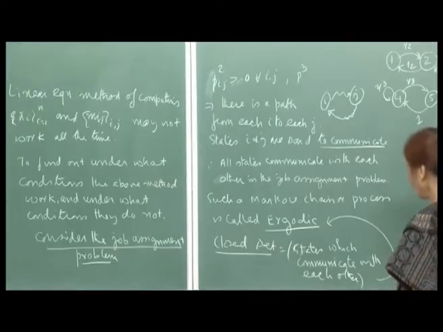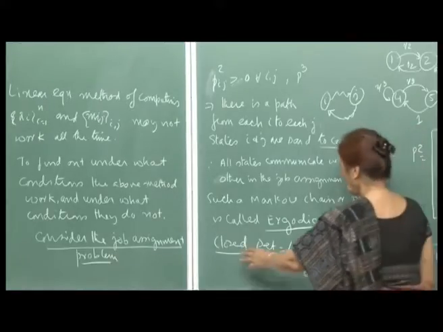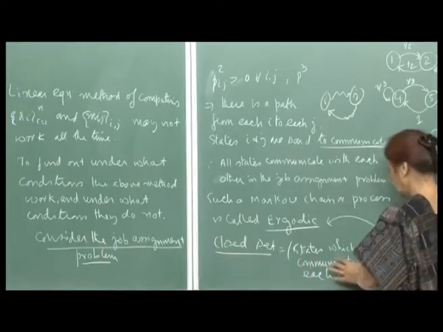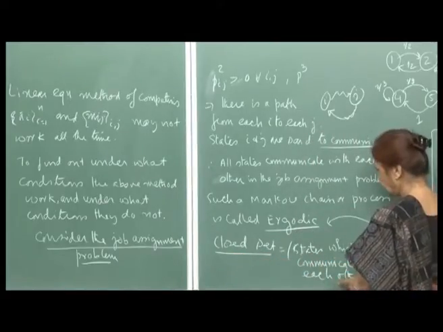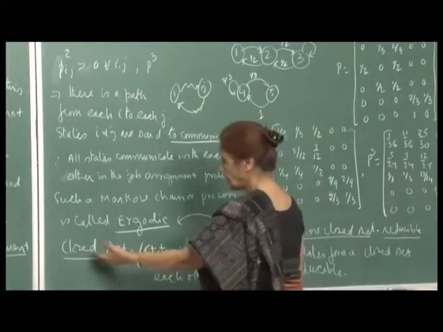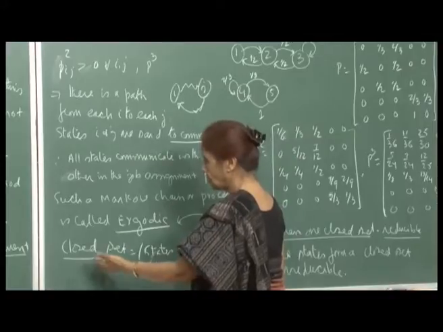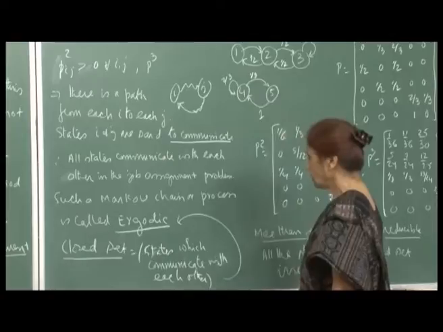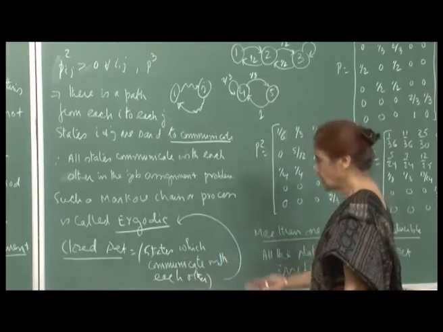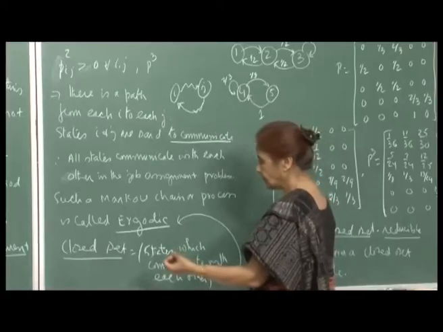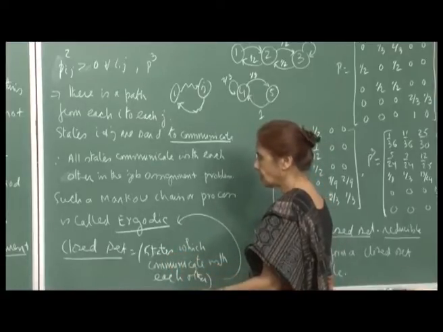But first, we define a closed set as a set of states which communicate with each other. For the job assignment problem, the closed set consists of all the states 1, 2 and 3, but it is possible that you may have 2 closed sets or 3 closed sets, whatever it is. All states may not form one closed set, that means all states may not communicate with each other.